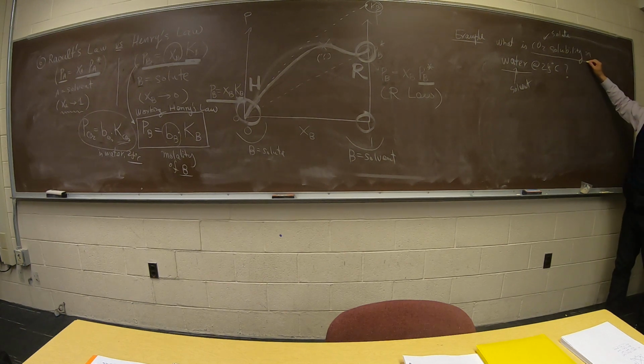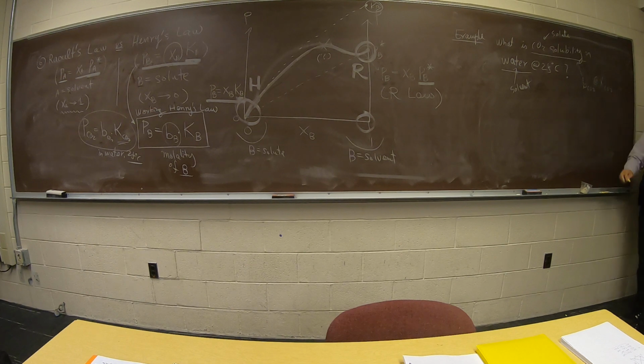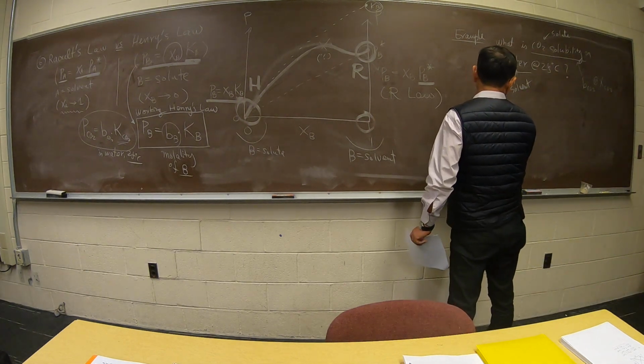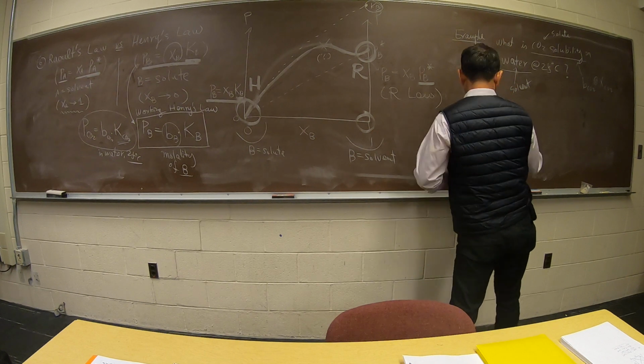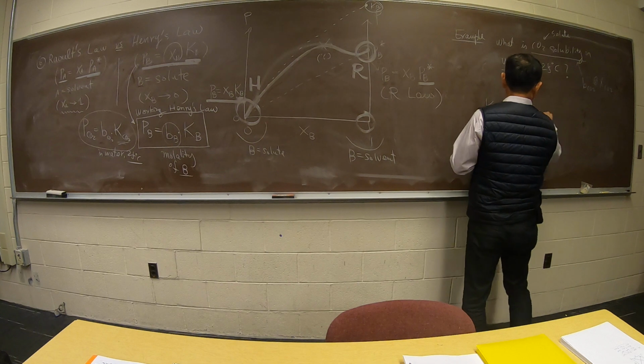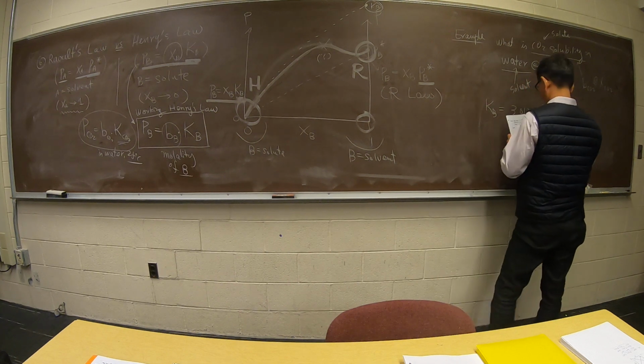The solubility can be expressed in terms of molarity of CO2 or mole fraction of CO2. You can choose whichever equation fits the information given. And then what you can see now is that Kb is 3.01 times 10 to the something.